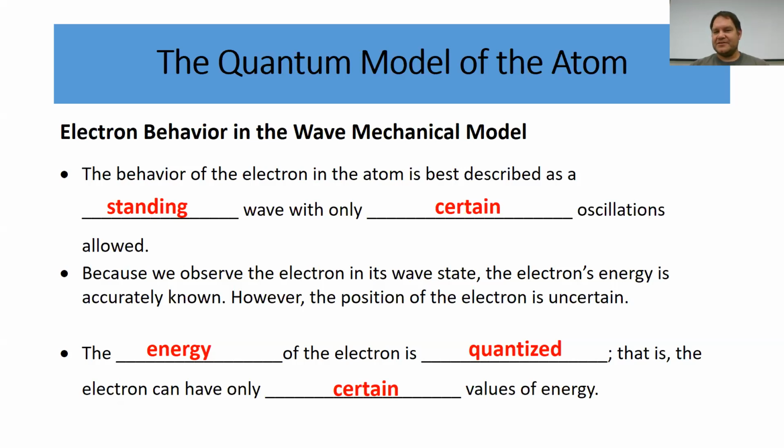And so we are uncertain where the electron will be at any given time. That's kind of the problem with Heisenberg's uncertainty principle based on the wave-particle nature of the electron. We also know that the electron is quantized. That is, it can only have certain values of energy, and we've discussed that before.